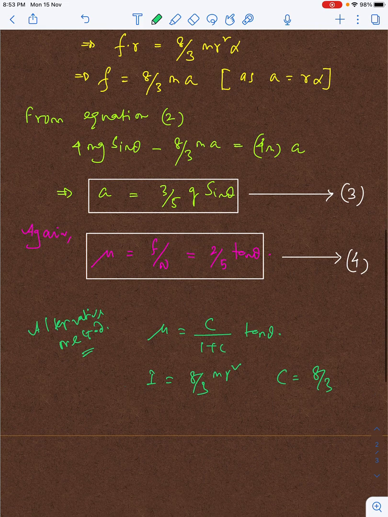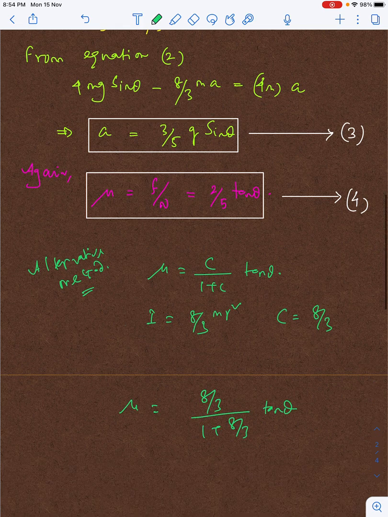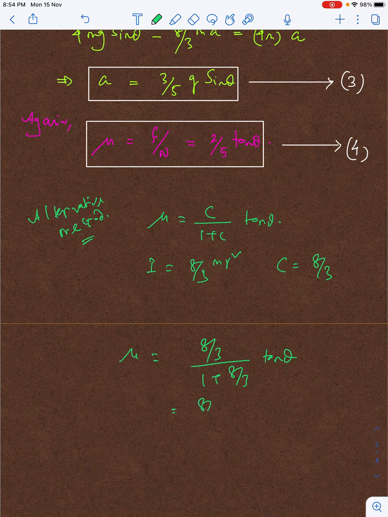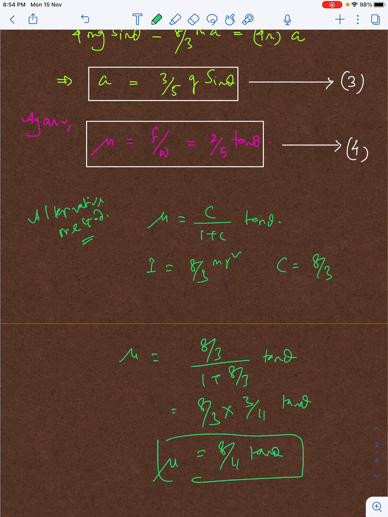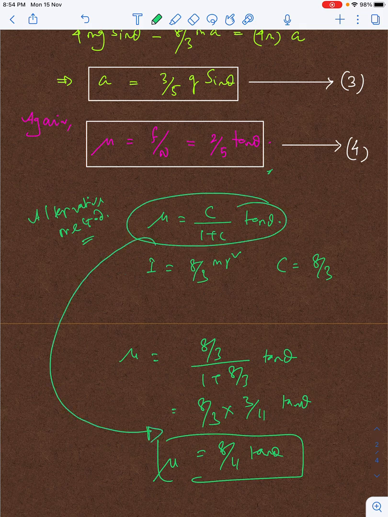If I substitute it here, the mu value will come 8 by 3 upon 1 plus 8 by 3, into tan theta. So the value will become 8 by 3 into 3 by 11 into tan theta, which becomes 8 by 11 tan theta. So in one case we got the answer to be 2 by 5 tan theta, but if I follow this shortcut trick I am getting the answer as 8 by 11 tan theta. So where are we going wrong here, that you have to identify and let me know in the comment box.